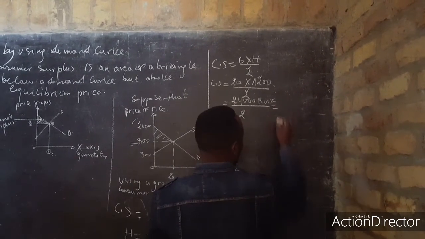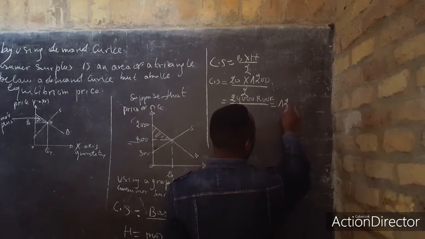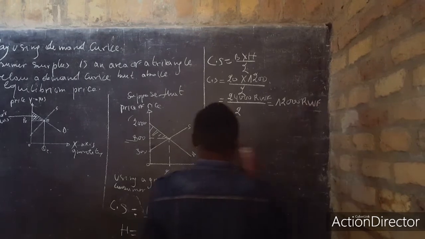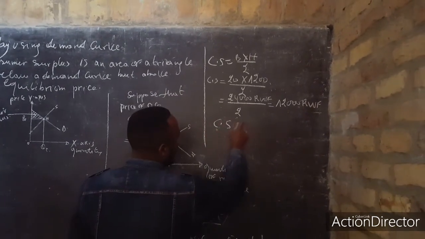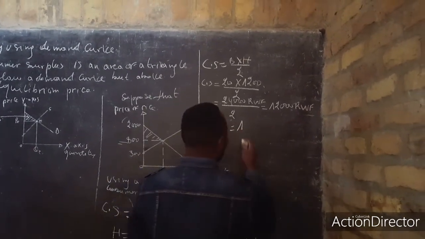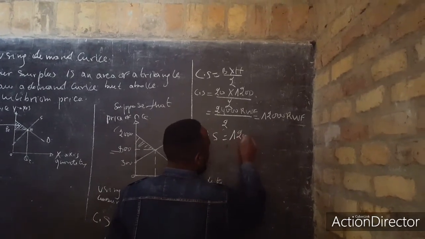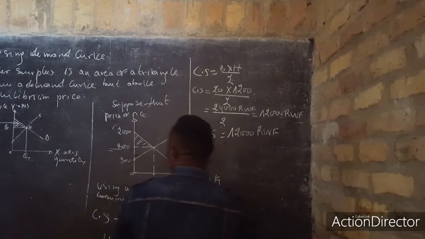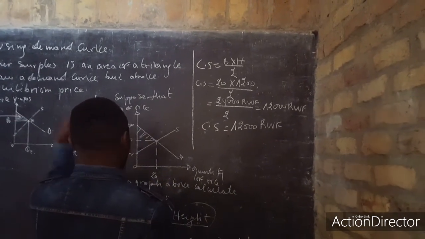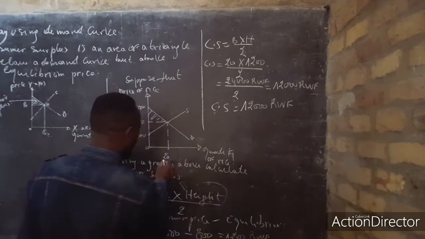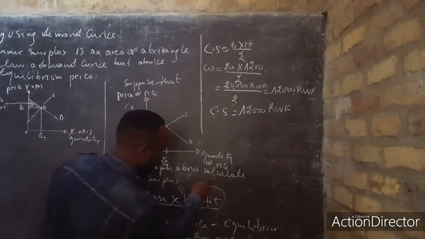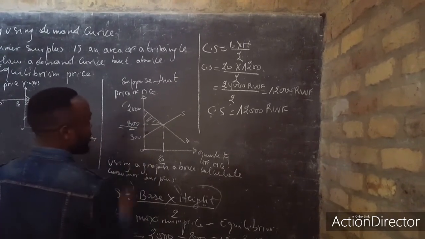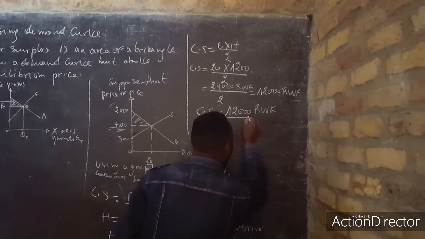The result is equal to 12,000 francs. Meaning that the consumer surplus is equal to 12,000 francs. Meaning that when the consumer buys 20 kilograms of rice, when he pays 800, he gets the benefit of 12,000.